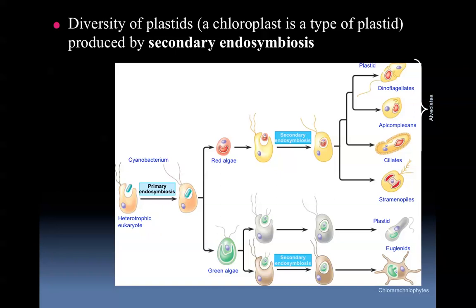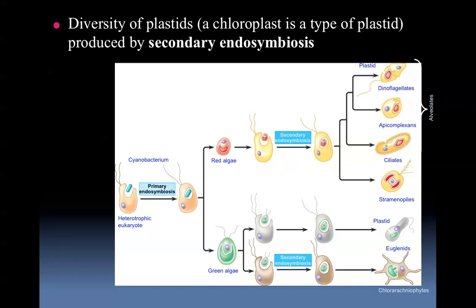In primary endosymbiosis, we think, as you just saw on the last slide, that some photosynthetic bacteria entered a eukaryotic cell and would eventually become a chloroplast. Once you have the formation of these organelles, then we can have the formation of things like red and green algae.